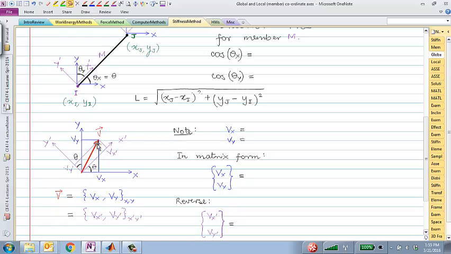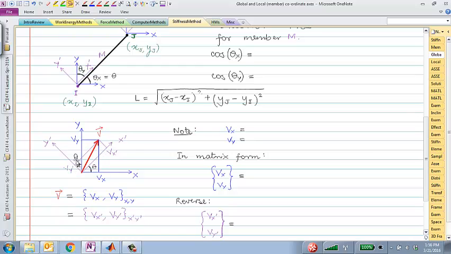This is a physical abstract vector quantity. It has some magnitude, some direction. If I choose the global coordinate system x and y, then the components of that vector would be vx and vy, right? Somebody else comes along and says, no, I want to use this x prime and y prime coordinate system. In that x prime and y prime coordinate system, the components would be vx prime and vy prime.